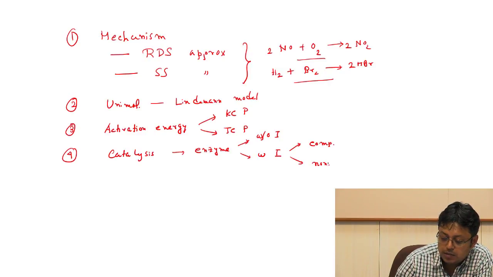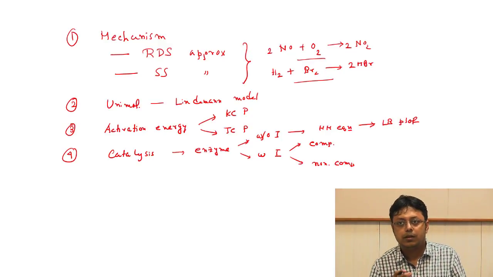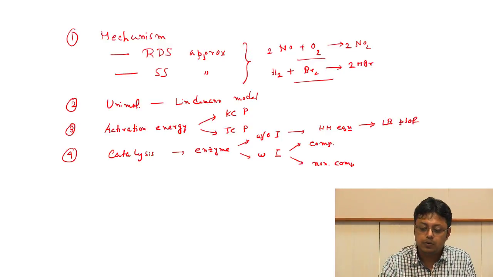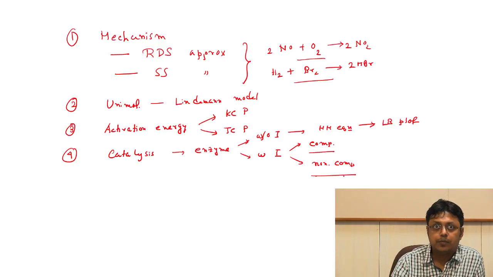Under the enzyme we discussed the Michaelis-Menten equation and how one can get the Lineweaver-Burk plot from the Michaelis-Menten equation. That is more useful, particularly when you describe the competitive and non-competitive nature of the inhibition. So this concludes our discussion on this lecture on reaction kinetics and mechanism of reaction.